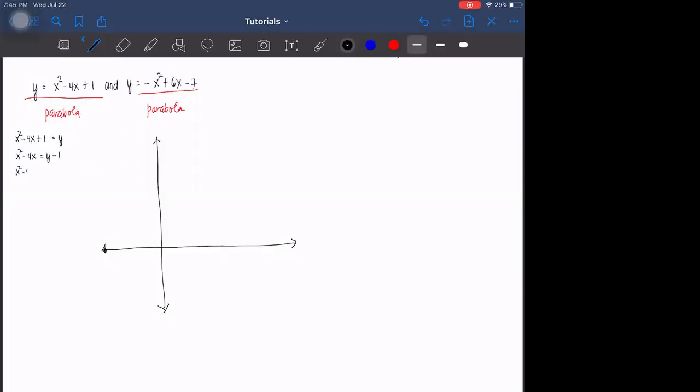Complete the square by adding 4 on both sides: x squared minus 4x plus 4 equals y minus 1 plus 4.